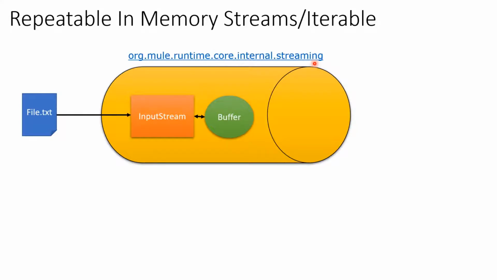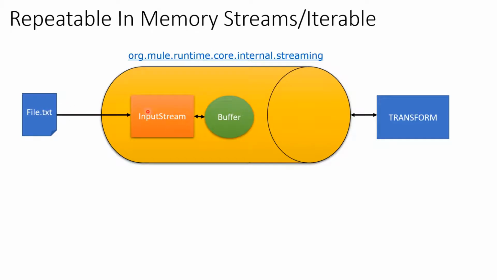So this could be your managed cursor iterator, or some other streaming class that is present in the streaming package of Mule. So you have the input stream object, then you have the buffer which loads the data, and then the data is provided to the next processor. So what exactly is the role of this buffer?